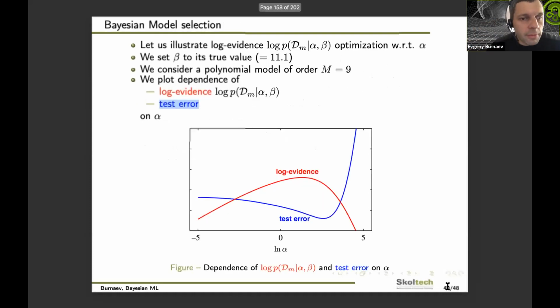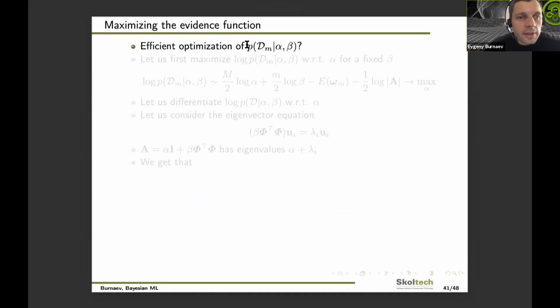So again, let me stress. This is log evidence. This is the evidence. Of course, we can maximize the evidence using standard gradient descent, right? We calculate the gradient with respect to alpha, we calculate the gradient with respect to beta, and this can be done explicitly.